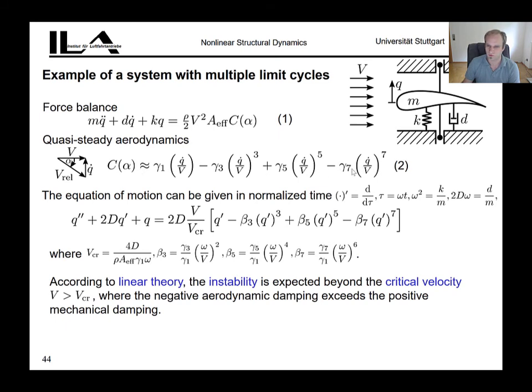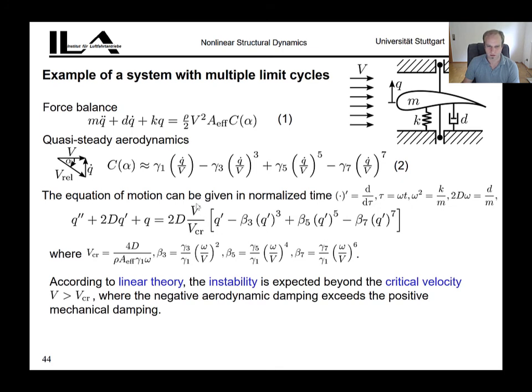Then essentially we can develop this, for instance, into a 7th order power series, and then we can normalize the equation so that this is helpful to us. And this can be brought into this form. So on the left hand side we have more or less the standard form of the damped single degree of freedom oscillator, and on the right hand side are the aerodynamic forces.